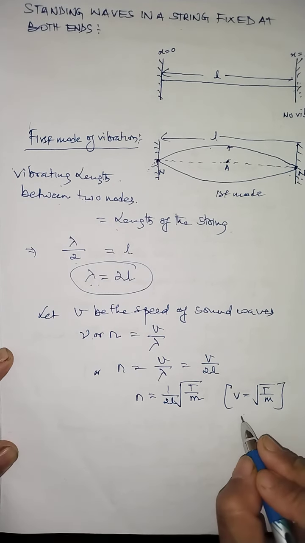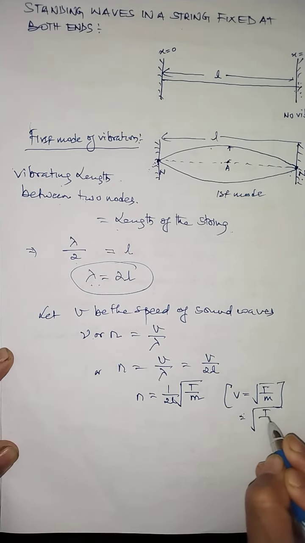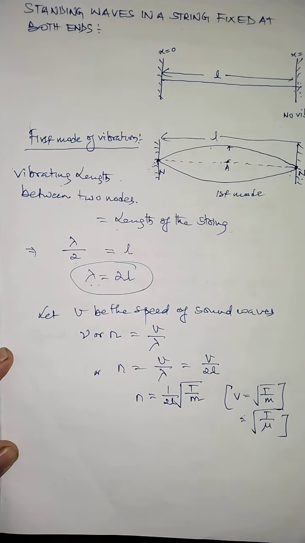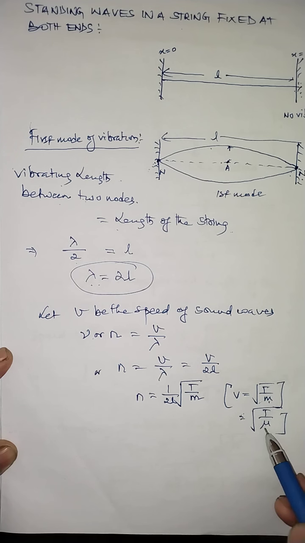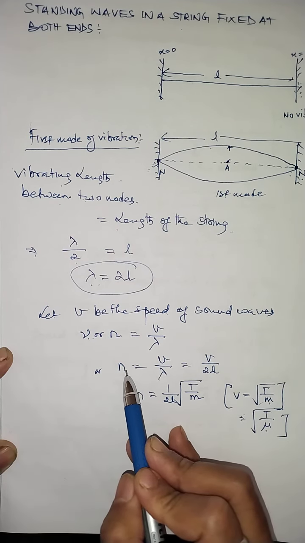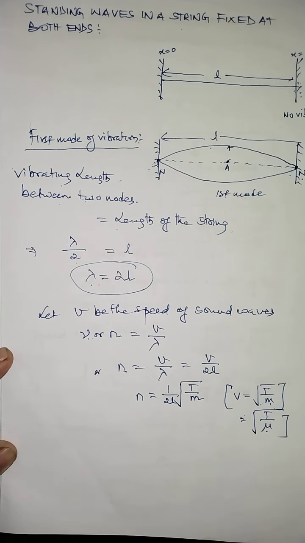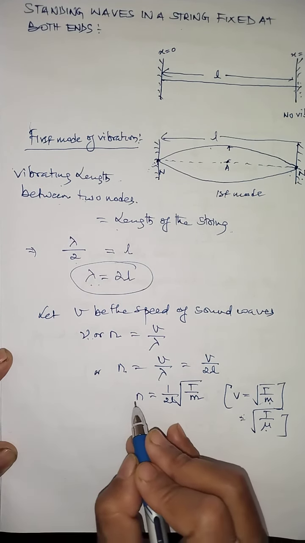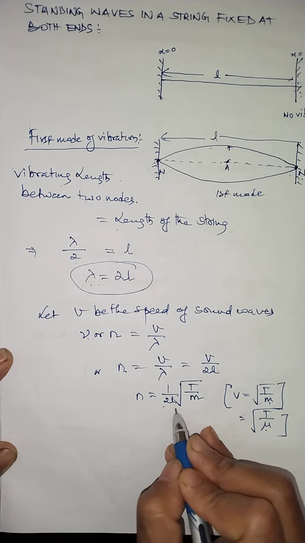You can also write the square root of T by mu; any symbol can be used for mass per unit length, M or mu. The frequency you can write as nu or n. So let me use n. So n equals 1 by 2L times the square root of T by M.